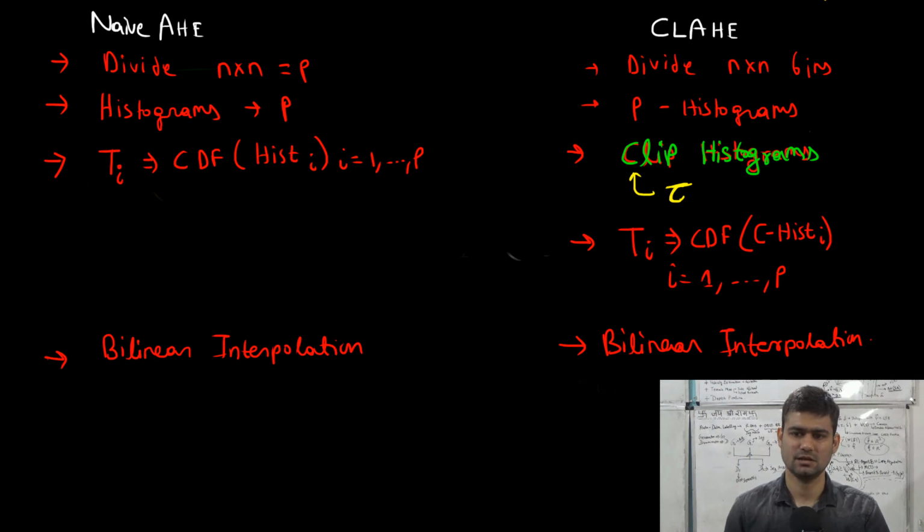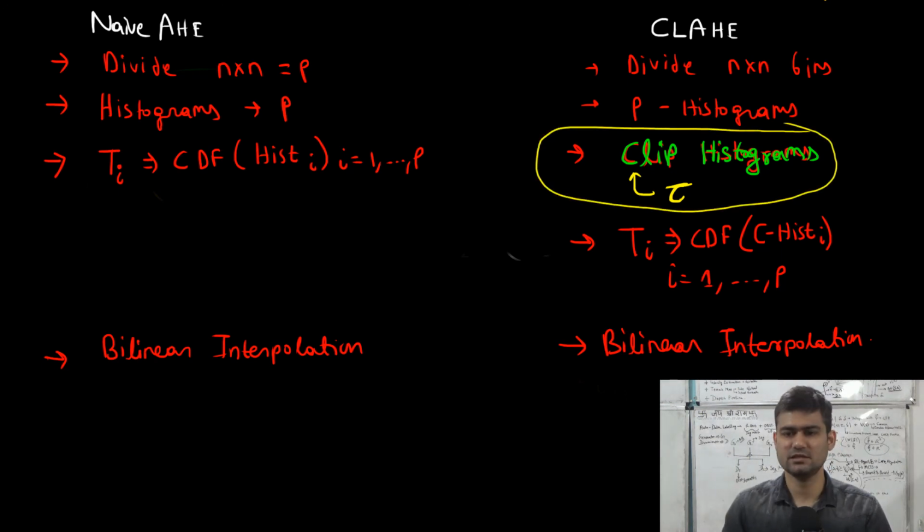So this is the only step that separates CLAHE from the naive adaptive histogram equalization. So now we'll discuss what this clipping step is.